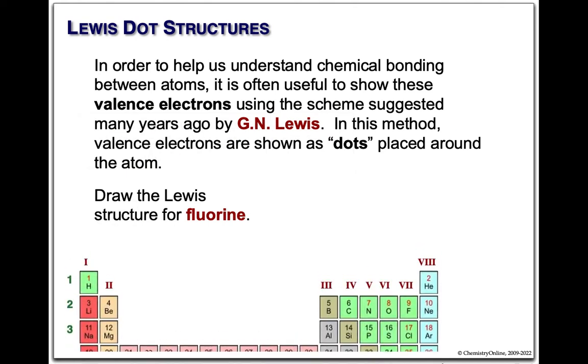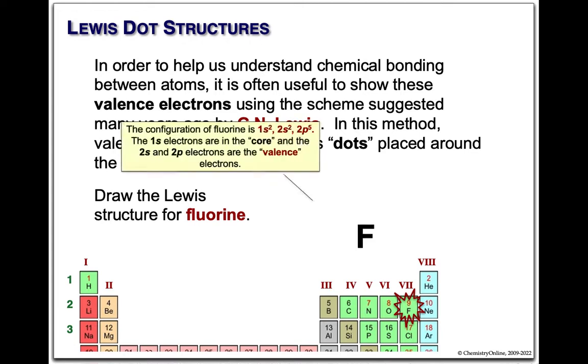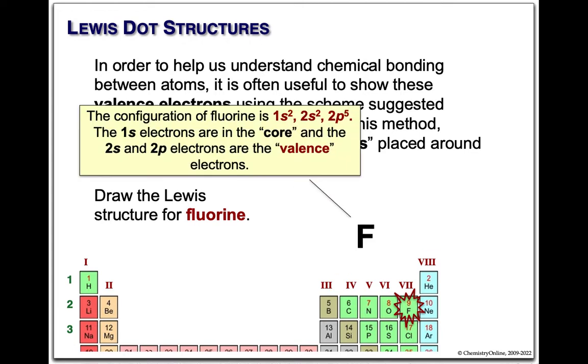Once again, that means that the first period is full, 1s2, and it has 1, 2, 3, 4, 5, 6, 7 valence electrons. So to write the Lewis structure, we would put F for fluorine. We have a total of 7 valence electrons. So the first thing we do is put them in one at a time. Then we start to pair them.